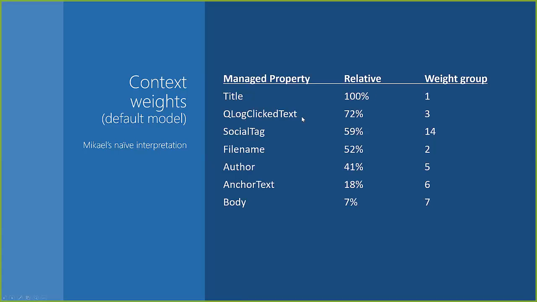The second one is qlog click text. Third one, social tag, then file name, author, body. So if I wanted my comments column to be not as important as title, but quite important, I would map that to weight group number 3.